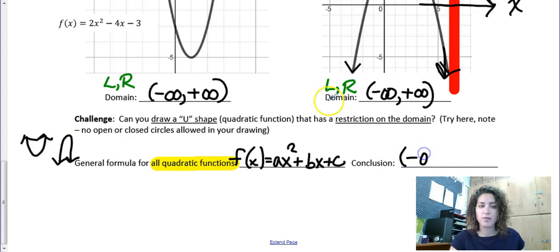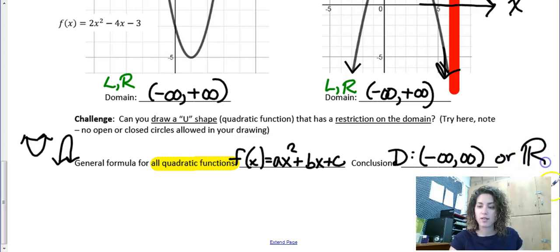So negative infinity, D for domain first. The domain will always be negative infinity to positive infinity, or we can draw that R shape, the two straight lines, R, which means all real numbers.